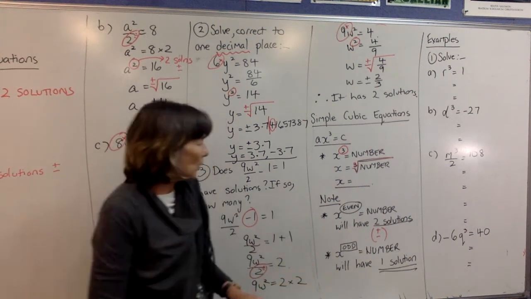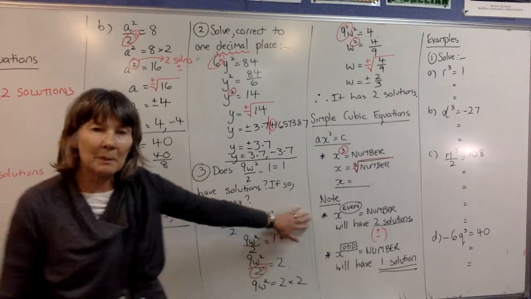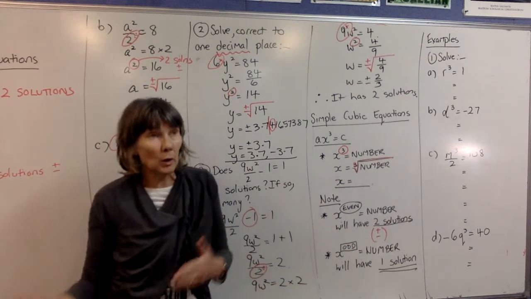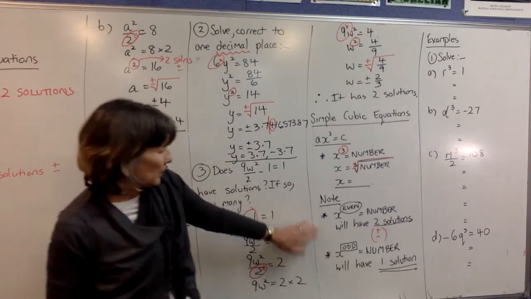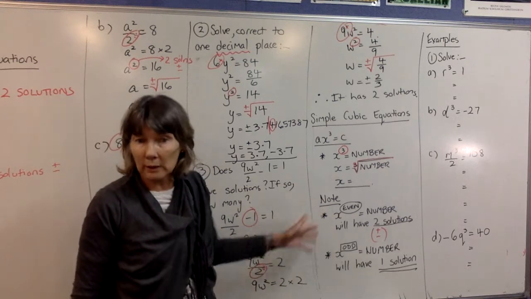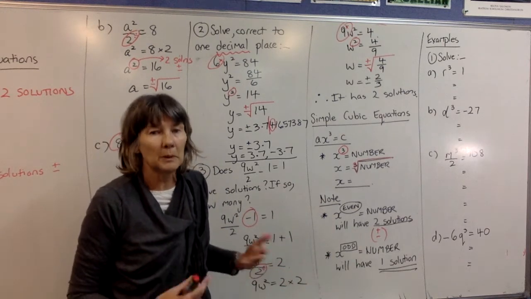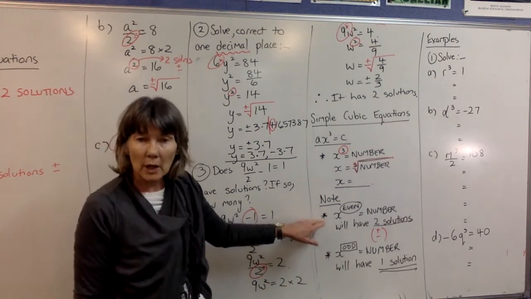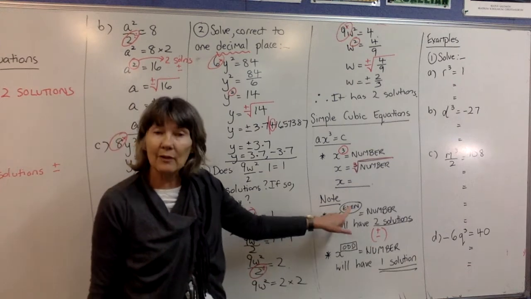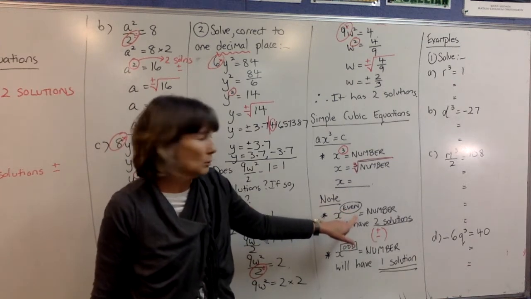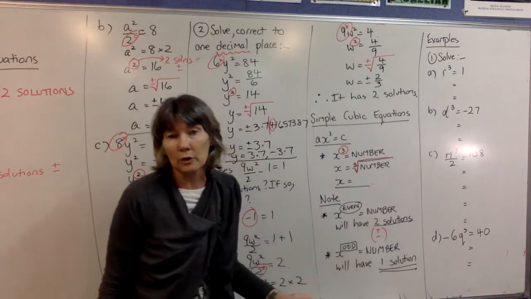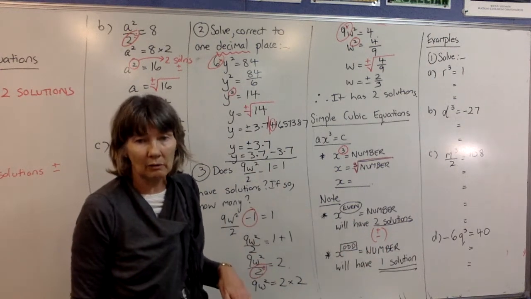All right, now, if we extend it a bit further, even though we're only doing quadratics and cubics, I'm going to extend it a little bit further because this is important later on. When you get to year 11, you'll be doing a lot of work with polynomials and this becomes important. So, if you have x to an even power, like 2, x squared, then you're going to end up with 2 solutions, a positive and a negative.